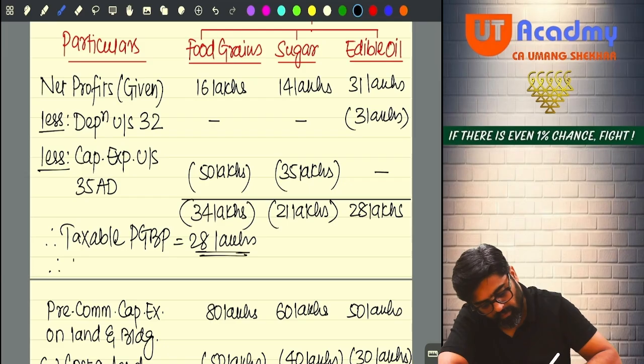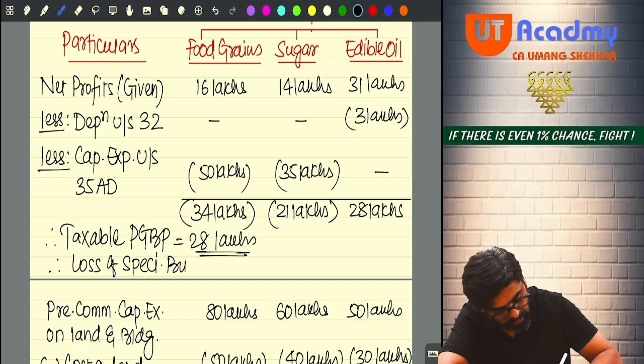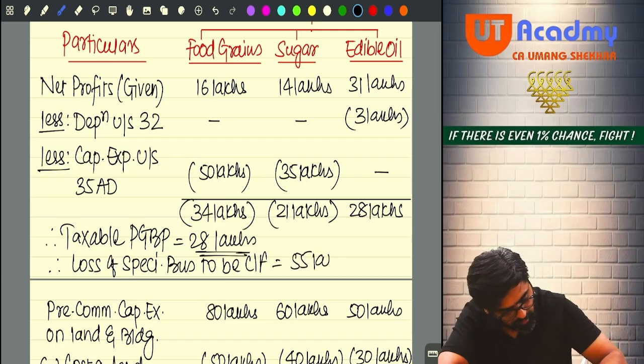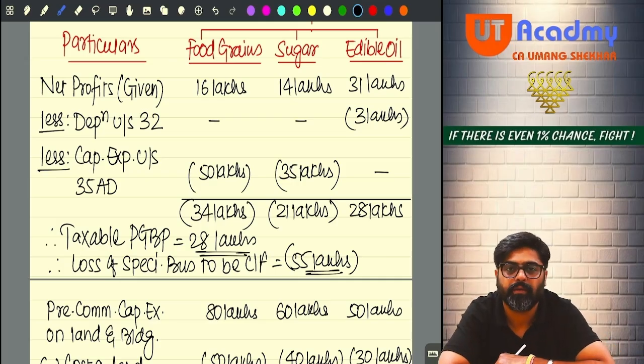Therefore, loss of specified business to be carried forward is how much? 55 lakhs. See how easy this question was. They have tried to make it complicated, but the question is very easy. Answer is easy.